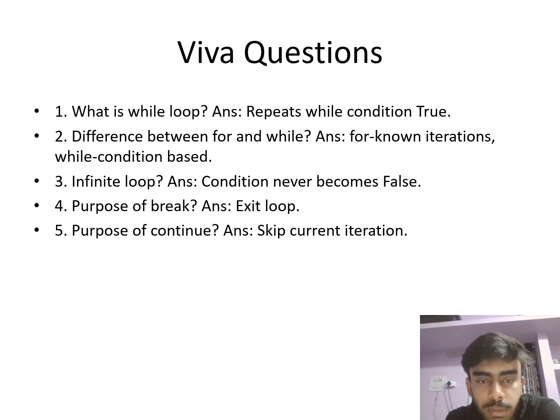Okay. Now see, from while loop, here are some Viva questions, because when you come to our college LPU, in our final examination, the weightage of Viva is 40, I think 40 or 30 marks. So if you don't prepare for your Viva, then you easily lose your 30 or 40 marks.